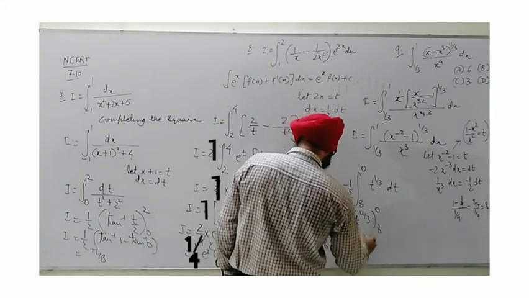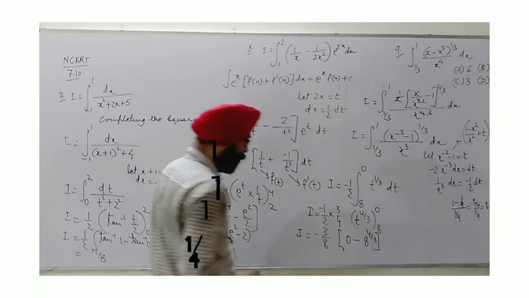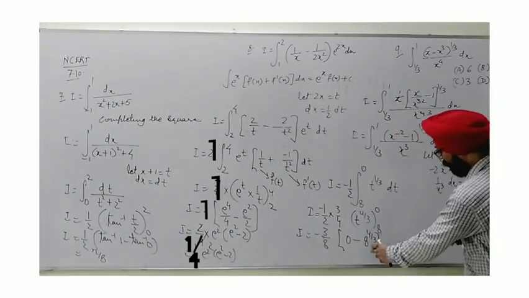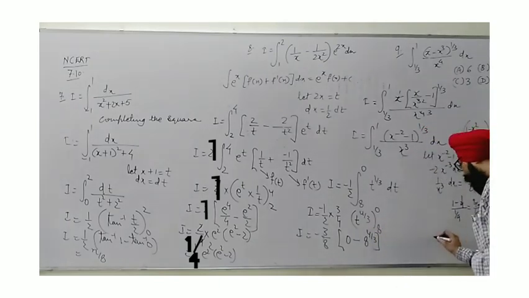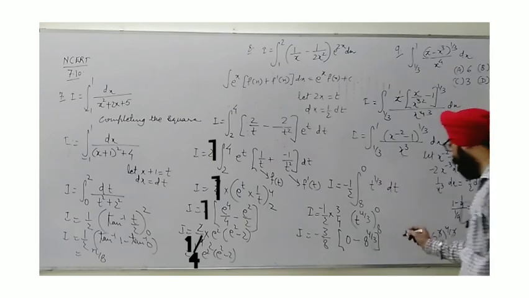We get 0 minus 8 to the power 4 by 3. And again, if you want to solve this 8 to the power 4 by 3, the best thing which I see here is to write that as 2 cube raised to the power 4 by 3. The 3 and 3 cancel out. This way, 2 raised to the power 4 means this bracket gives us 16.